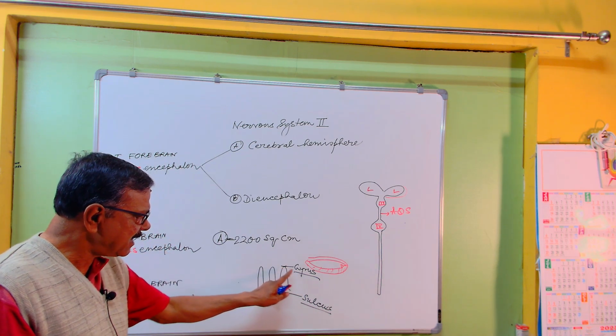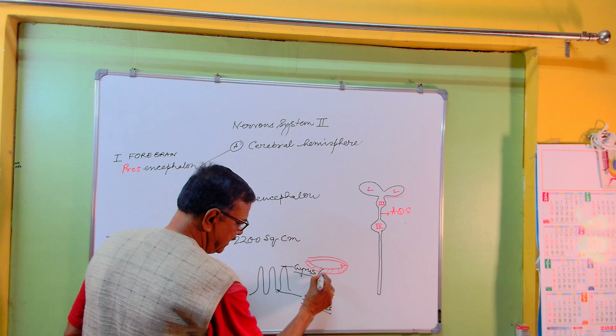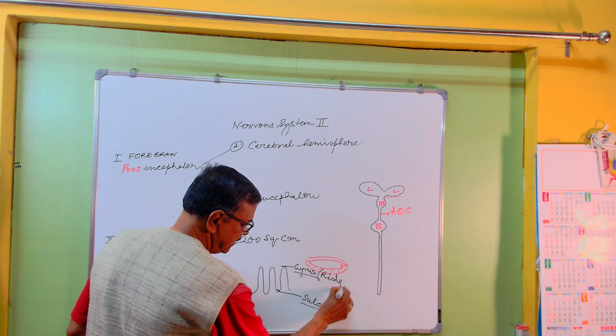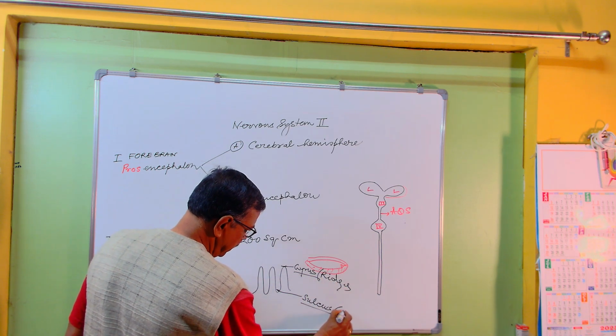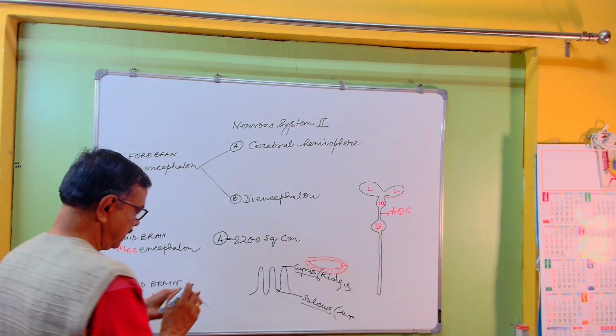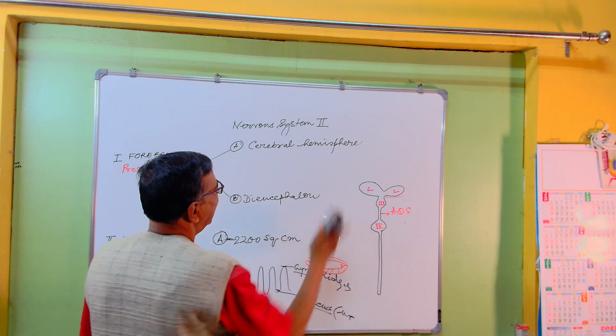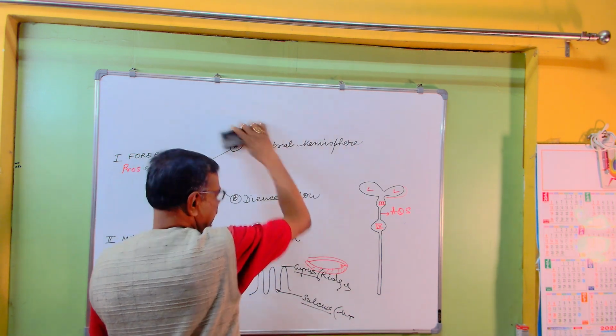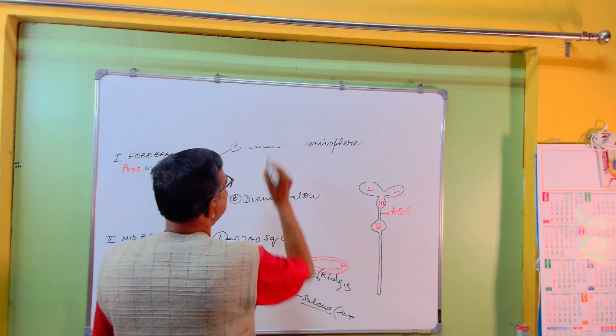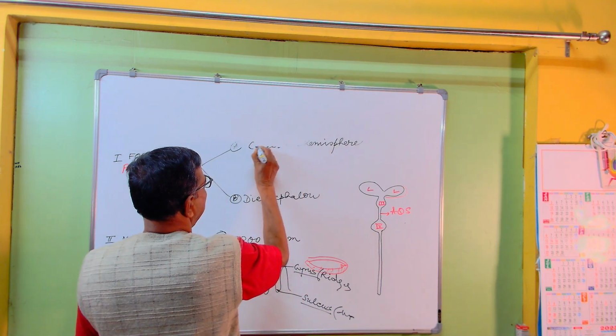So the ridges are known as gyrus. These are ridges, and these are depressions. So I am writing here, the cerebral hemisphere has foldings. What foldings?